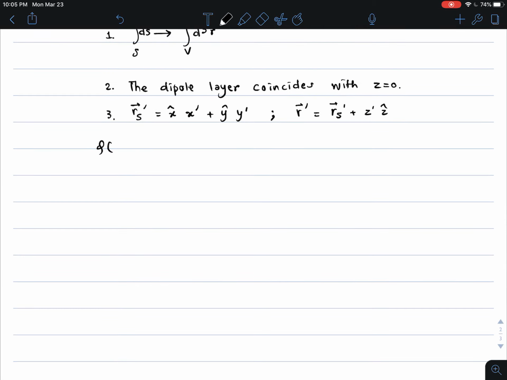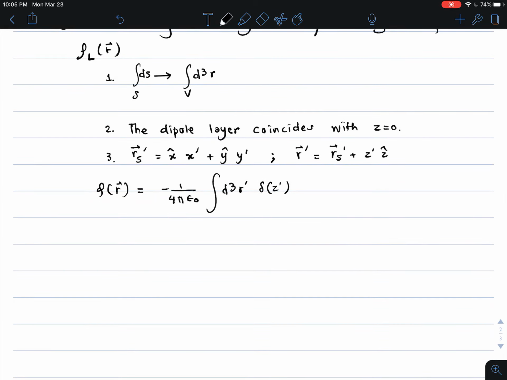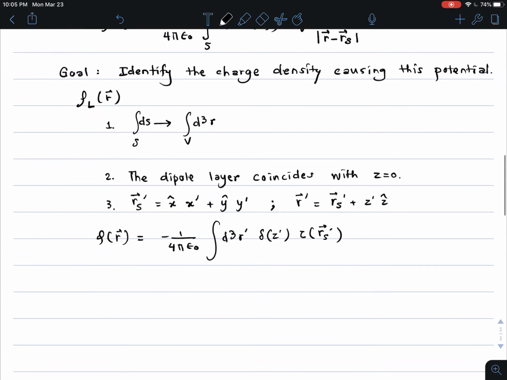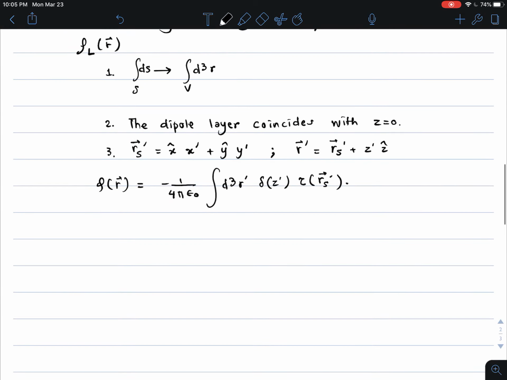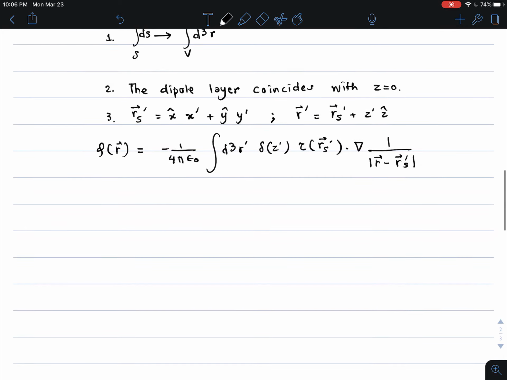hat. And so with this information we are in a position to rewrite the potential, which would now look like 1 over 4 pi epsilon 0 the volume integral d cube r prime, because we are essentially looking at the surface integral, but d cube r prime delta z prime would bring us back to the surface, and the r prime vector for the point on the surface is just rs prime dotted with gradient 1 over r minus rs prime.